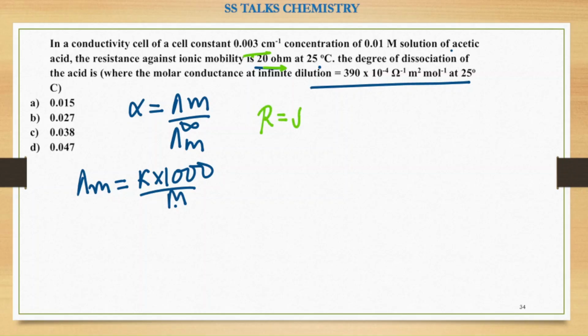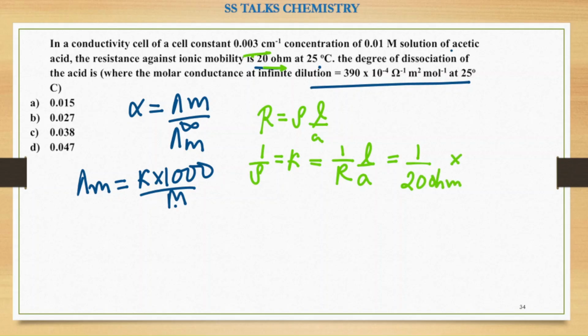We know that R is equal to rho L by A. So 1 by rho, which is the specific conductivity, is 1 by R into L by A, which is equal to 1 by 20 ohm into 0.003 centimeter inverse. So the kappa value we will get as 1.5 into 10 raised to the power of minus 4 ohm inverse centimeter inverse.